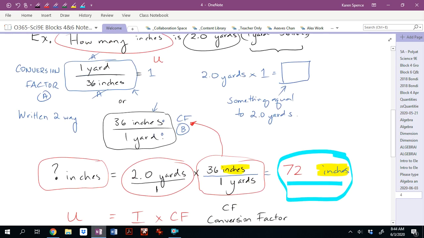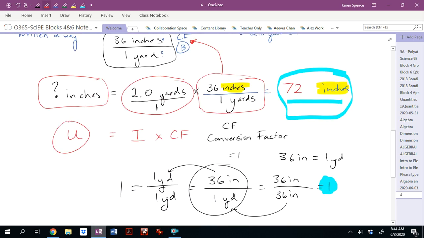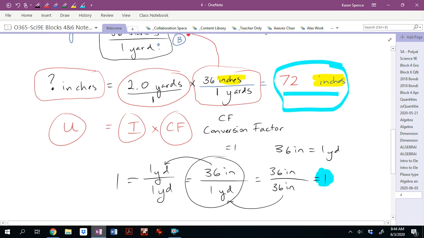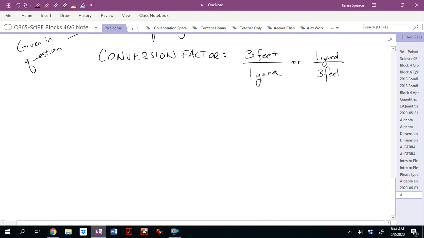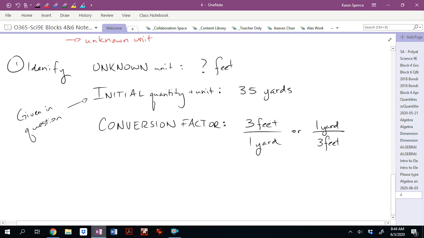Look at our next example. Oh, our unknown was equal to an initial quantity times a conversion factor. So for all of these questions, we can solve them by identifying the unknown, the initial, and the conversion factor.